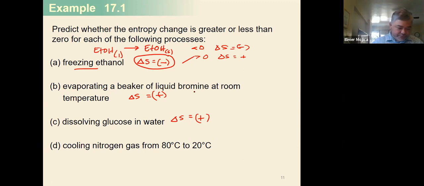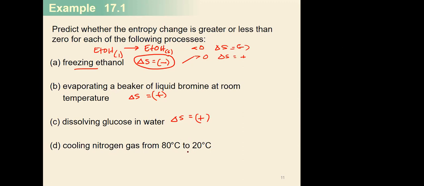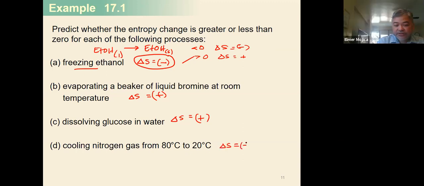Glucose in solution form is more disordered than glucose in the solid form. Now, last but not the least, cooling nitrogen gas from 80 degrees Celsius to 20 degrees Celsius. Negative. Okay, it becomes much colder, so most likely here your gas will become a little bit compressed, so the delta S is negative.